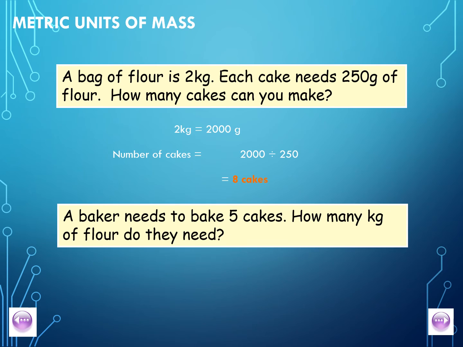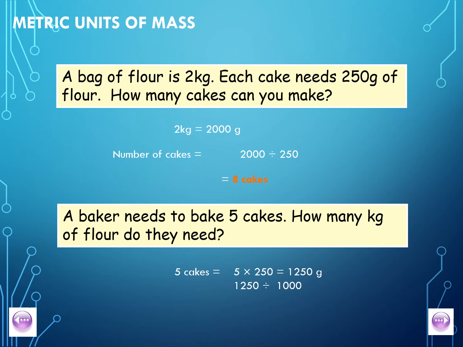Let's have a look at another problem. A baker needs to bake 5 cakes. So how many kilograms of flour do they need? Here, once again, for 5 cakes, we're trying to find out how many. So we know that 5 times 250 grams is 1,250 grams.